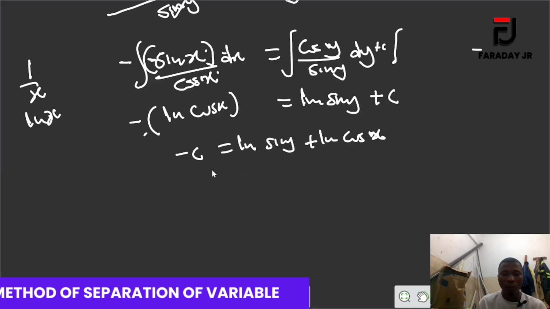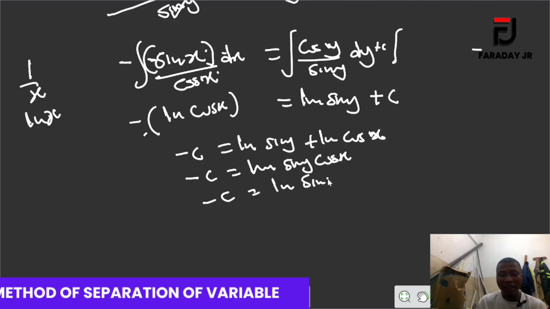There is a logarithm rule which states that when we have log functions that are adding, you can multiply and take one log. So we have ln of sine y multiplying cos x.